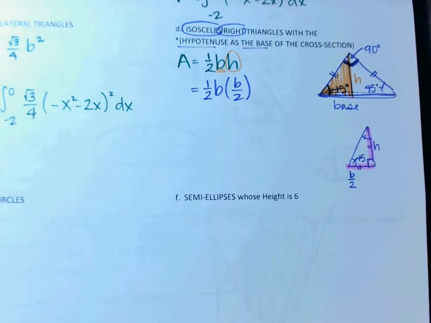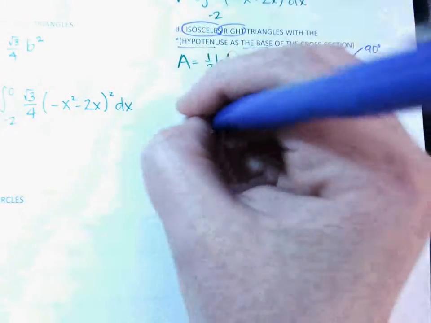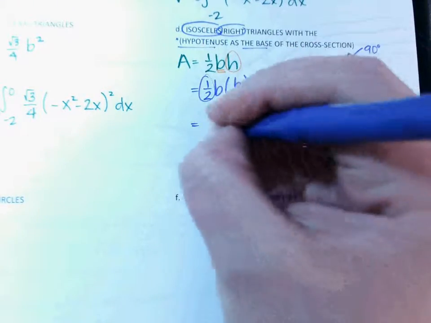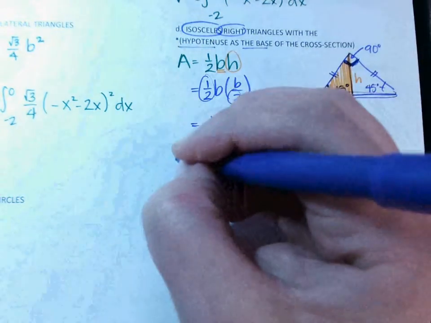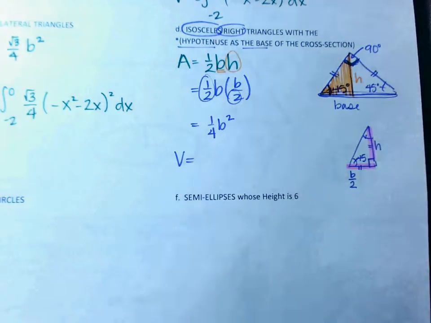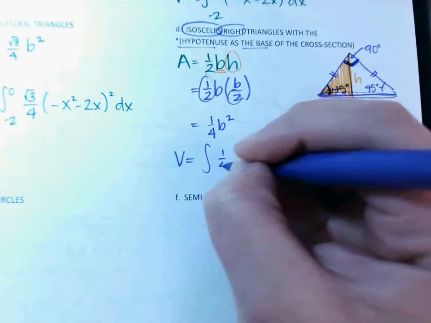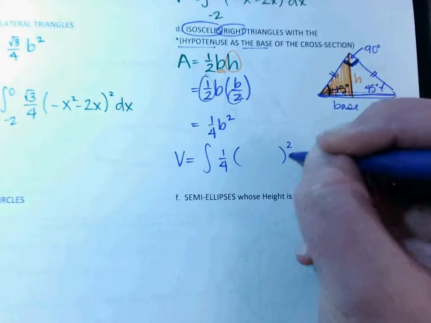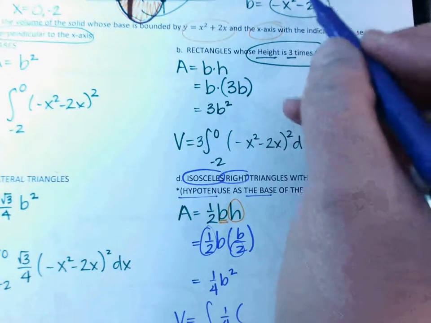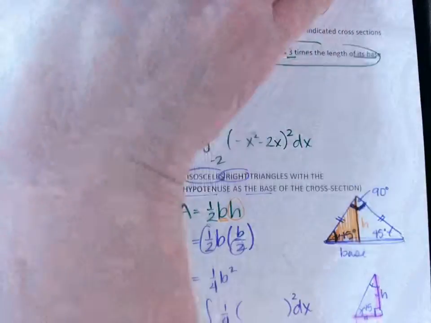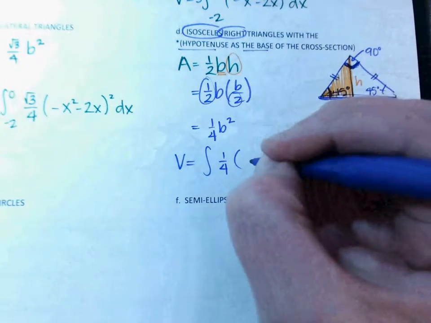Okay? So my area equals 1/2 times 1/2, which is 1/4 B squared. And then remember, in order for me to get volume if I have area, it's the integral of 1/4 B squared dx. And then remember up here we had found our B earlier. It's negative x squared minus 2x, so I'm going to fill that into my parentheses here.